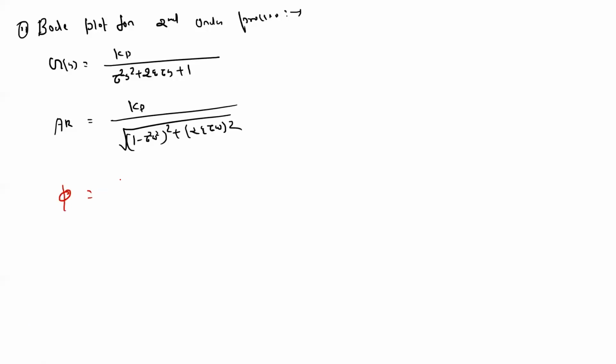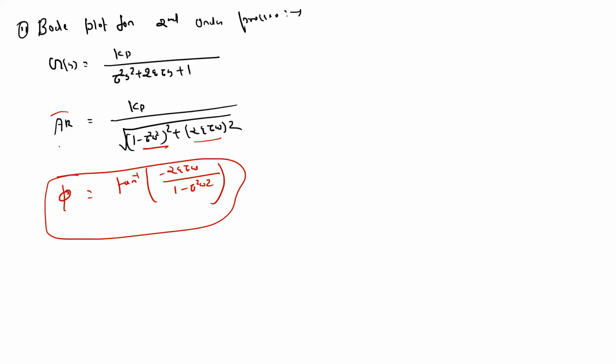And the phase angle phi is equal to tan inverse of minus 2 zeta tau omega divided by 1 minus tau squared omega squared. If you remember the amplitude ratio, the phase angle itself will get remembered, right?